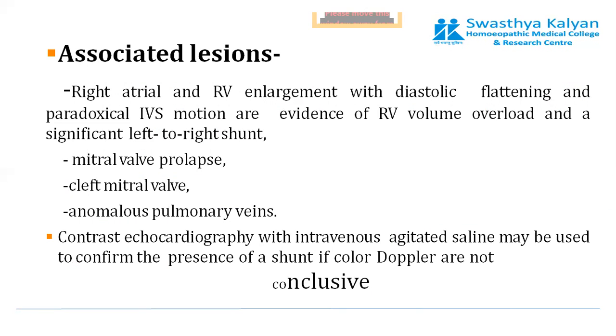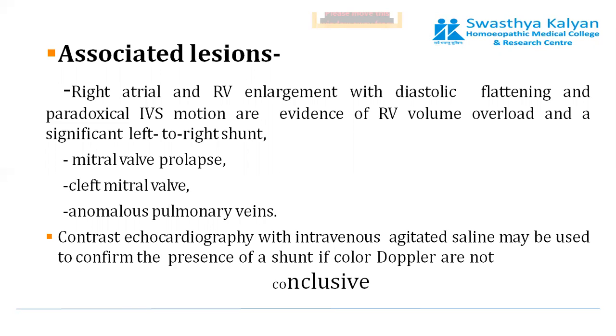Now for the associated lesions, right atrial and right ventricular enlargement with diastolic flattening and paradoxical IVS motion are evidence of right ventricular volume overload and a significant left to right shunt, with mitral valve prolapse, cleft mitral valve, and enlarged pulmonary vein emptying.